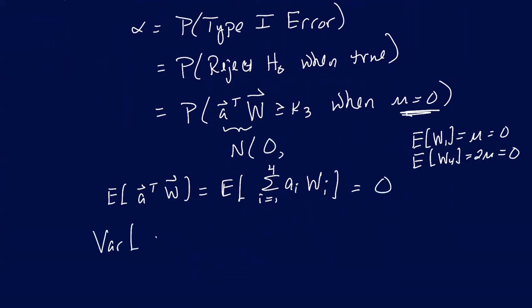The variance of A transpose W is a scalar, and the long way would be to plug this in, but they're not IID, so you can't run the variance through. So I would put the covariance of this with itself and start multiplying that out. But I'm going to go ahead and use the vector matrix version of pulling a constant out.